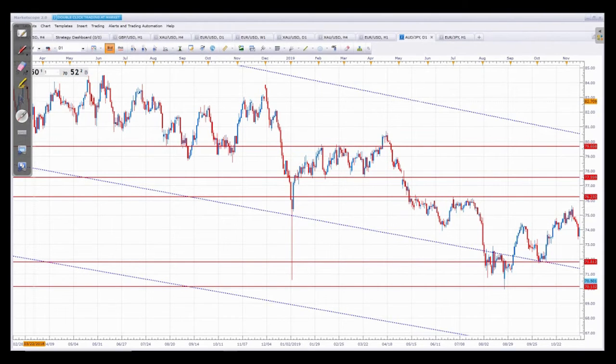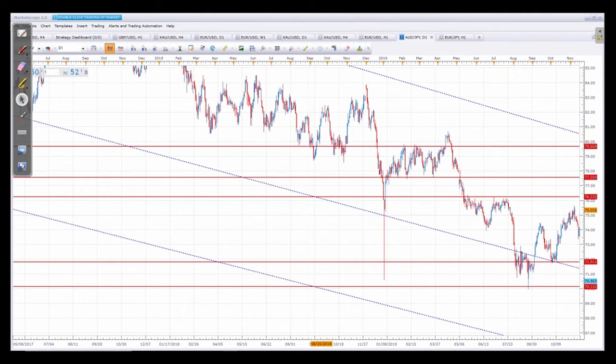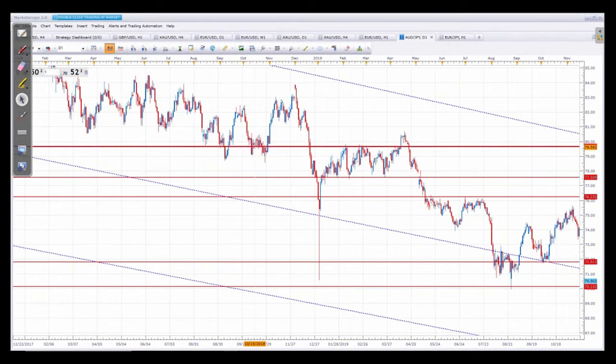Let's go back even more to make sure. Okay, in the past, yeah, look, it's been quite good. Right here is a bit hairy, but it did hold the price here for a while. Yeah, look, see? Either the price is going up and touching it and stopping there, or it's coming down and stopping here.